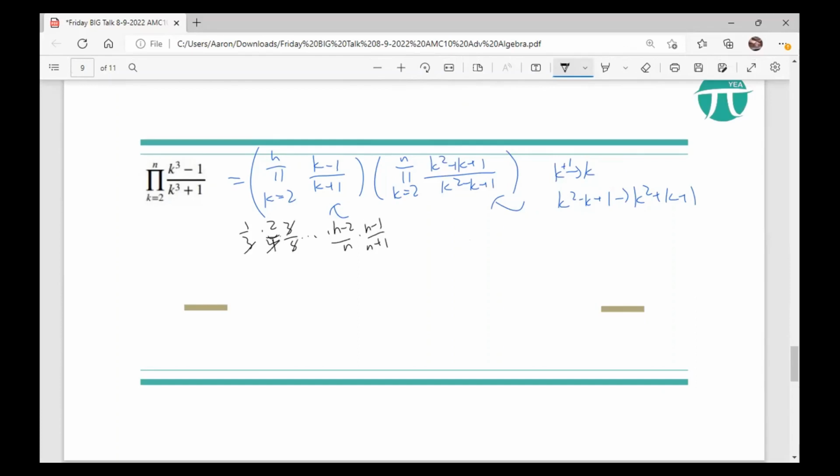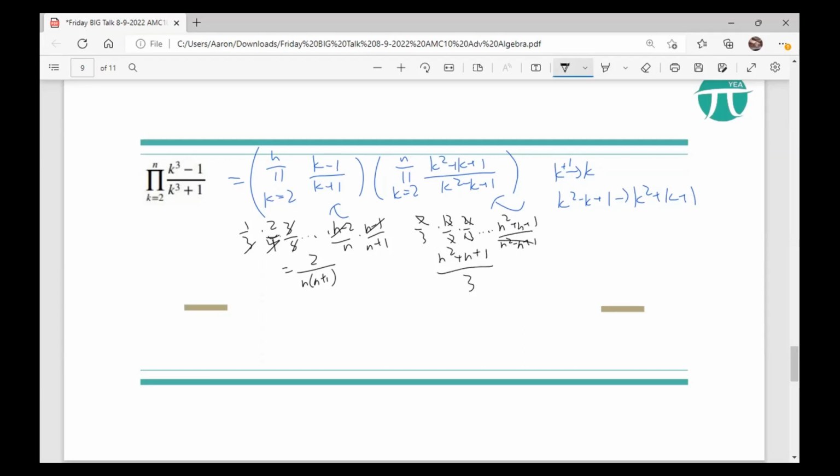The ones that get canceled out are all of these, so this is 2 over n times n plus 1. And here, this is 7/3 times 13 over 7 times 20 over 13, all the way to n squared plus n plus 1 over n squared minus n plus 1. All of this cancels, so this leaves you with n squared plus n plus 1 over 3.